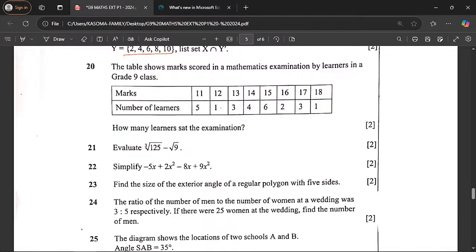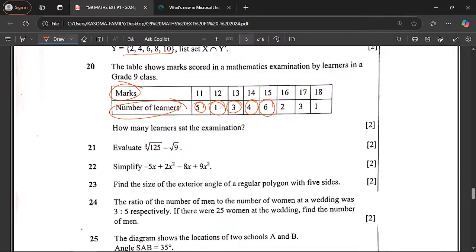So we have got marks and numbers down here. Learners who scored 11 marks were 5. Learners who scored 12 marks was 1. Learners who scored 13 marks were 3. Learners who scored 14 marks were 4.